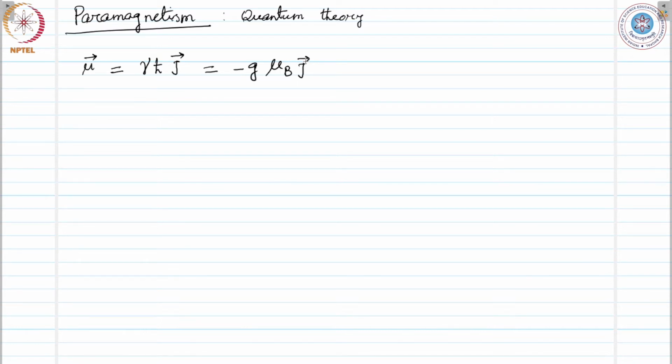The total angular momentum is given as h cross J, which is nothing but the sum of h cross L and h cross S, the orbital and spin angular momentum parts.